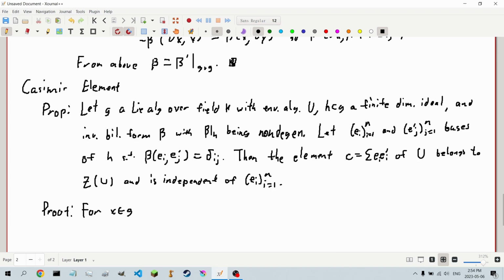For X in G, let X_H be equal to the restriction of the G adjoint representation of X to H. Then the map from X to this representation is a representation of G on H. So I guess the point is, I don't know if this would be the adjoint H representation of G if X is in H, but the point is it works even if X is outside of H.